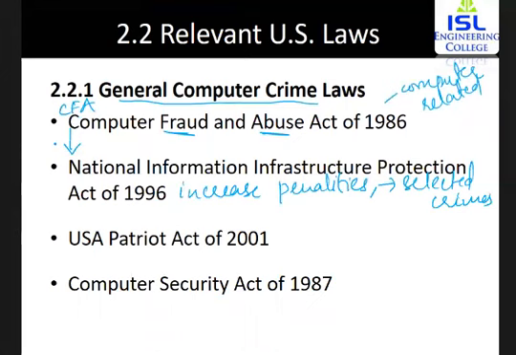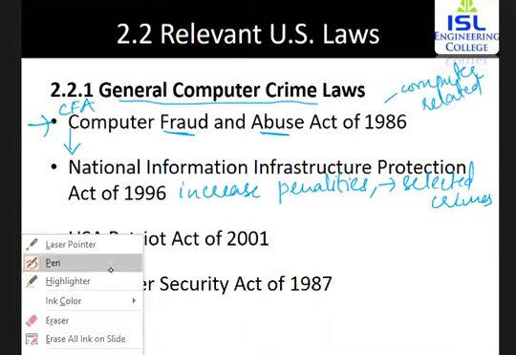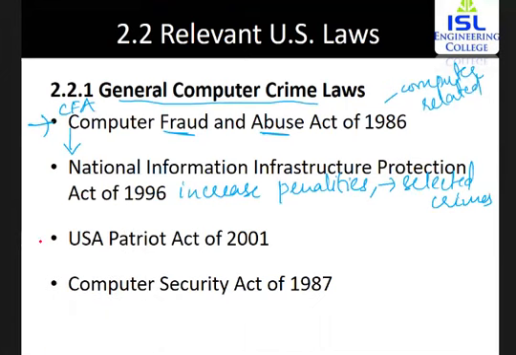This is the first act, and this is the continuation of it. The next one is the USA Patriot Act of 2001. This was a modified version of different existing laws.